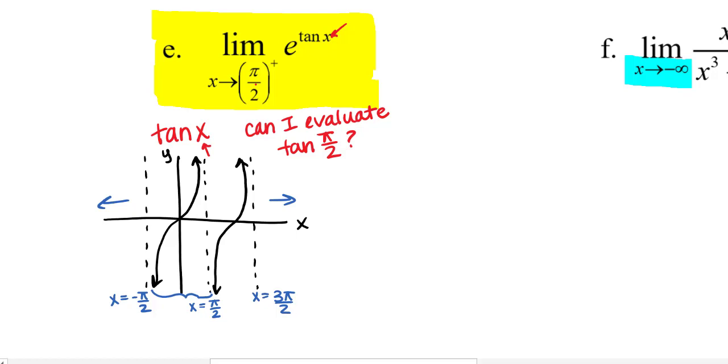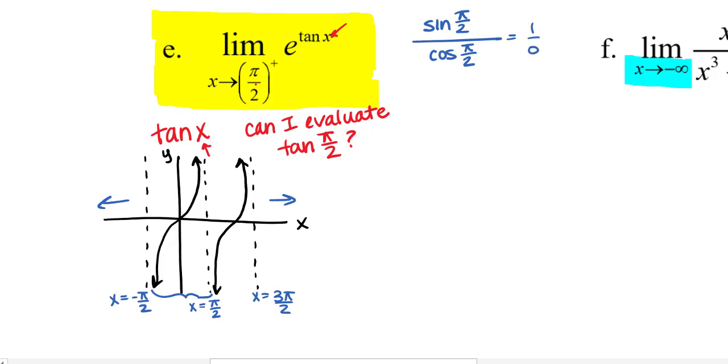So now I can see why I cannot evaluate tangent of pi over 2, because tangent of pi over 2 does not exist. Why not? Well, tangent is sine of x over cosine of x. So if I try to evaluate this, I have sine of pi over 2 over cosine pi over 2, and that is 1 over 0.